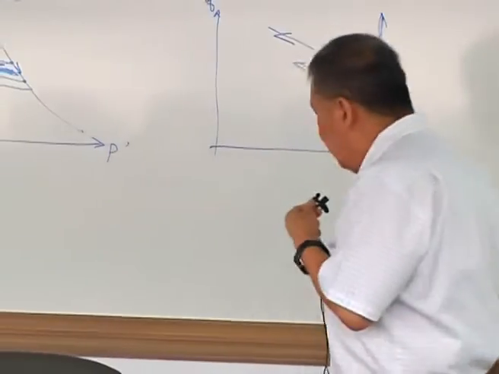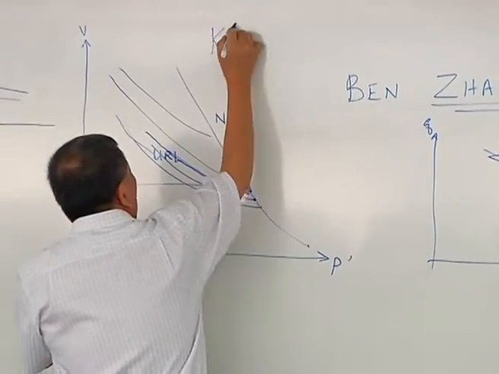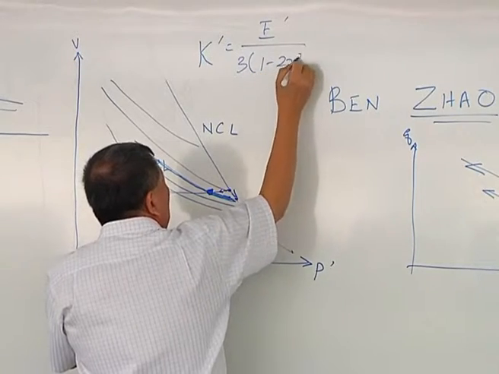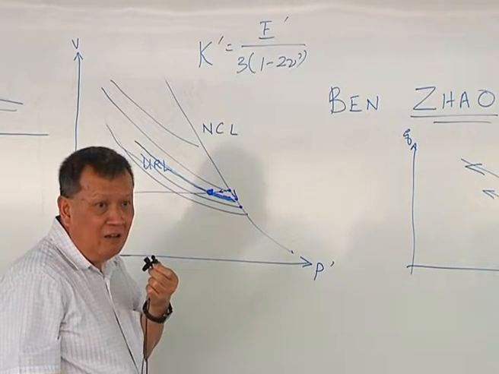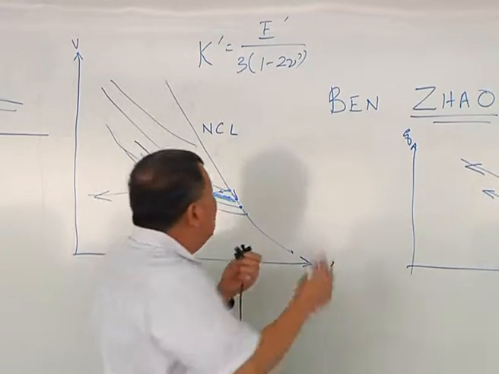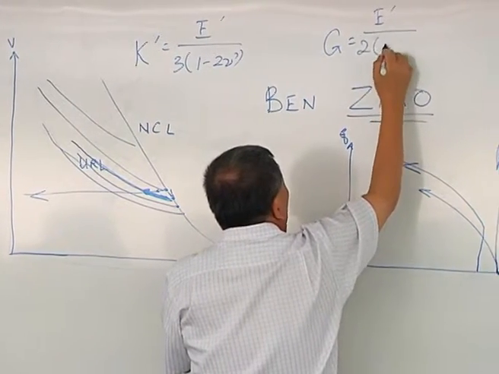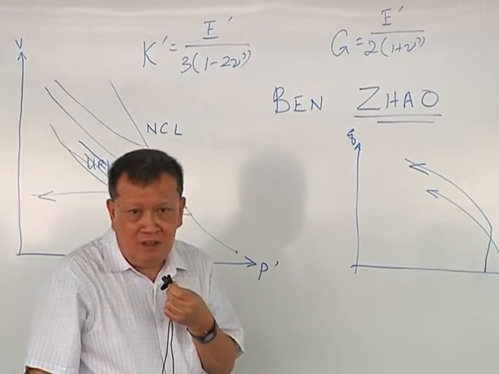If your Young's modulus is increasing and your Poisson ratio is a constant, you also expect your shear modulus to be increasing. Basically, the formula, if I remember correctly, is K' equals E' over 3 times (1 minus 2 nu'). So if this is a constant and this is increasing, this has got to be increasing. Then G is equal to E' over 2 times (1 plus nu'). If nu' is a constant and E' is increasing, G must be increasing.